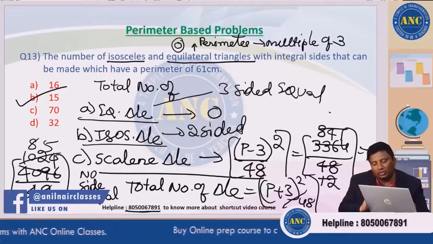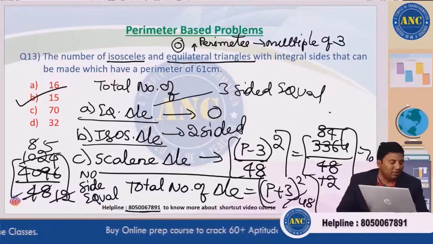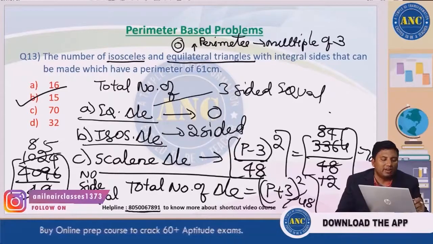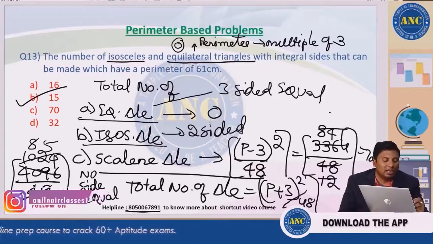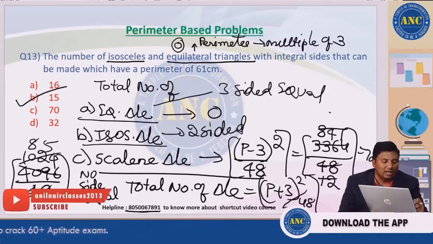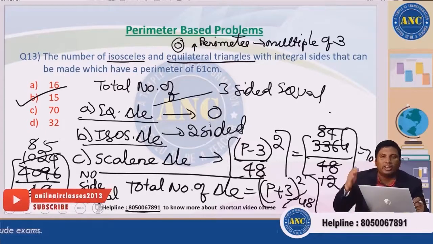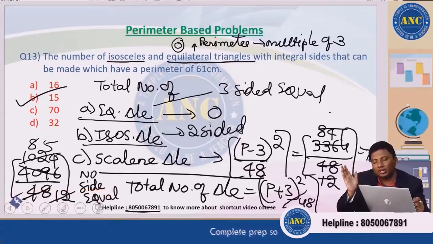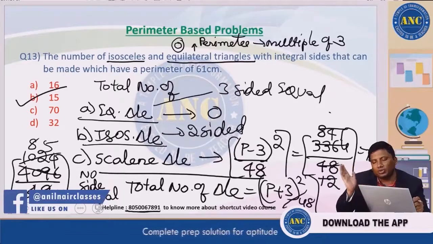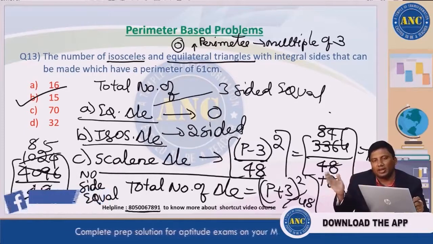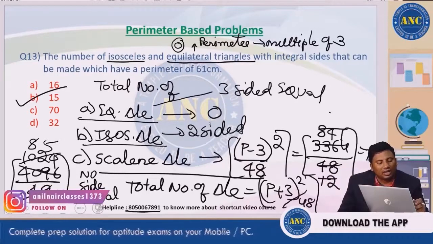I know that an equilateral triangle is not an isosceles triangle; I am doing it separately, 3 blocks. The collection of these three is nothing but total triangles.